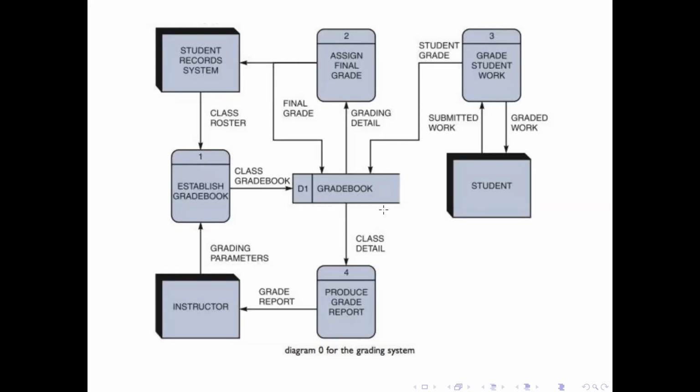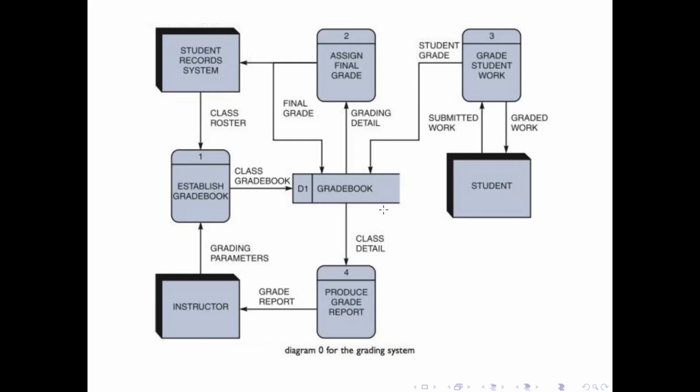Now, for example, here we have 4 processes: establish grade book, assign final grade, grade student work, and produce grade report. So there are 4 different types of processes we can see, right? Although we put 1, 2, 3, 4 here, there's no order as such. It depends on how we are going to work these diagrams together.